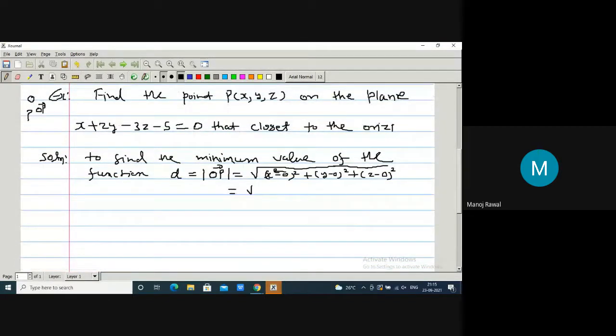Simply this is the square root of x² + y² + z². Right. So this is given subject to the constraint.